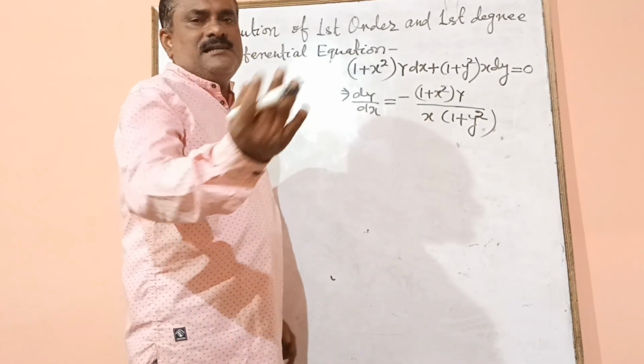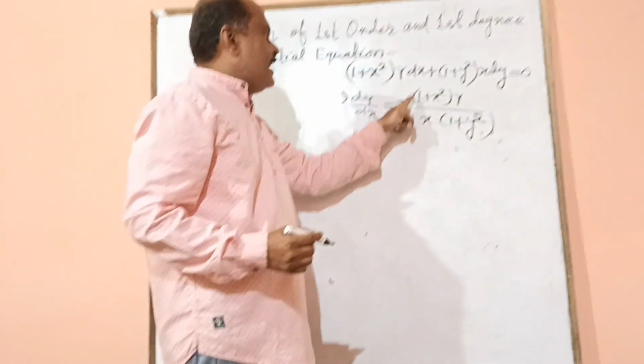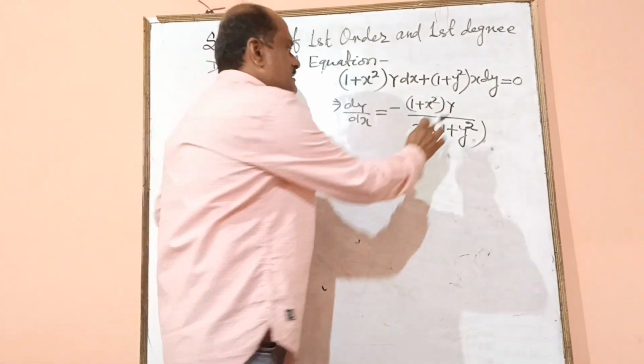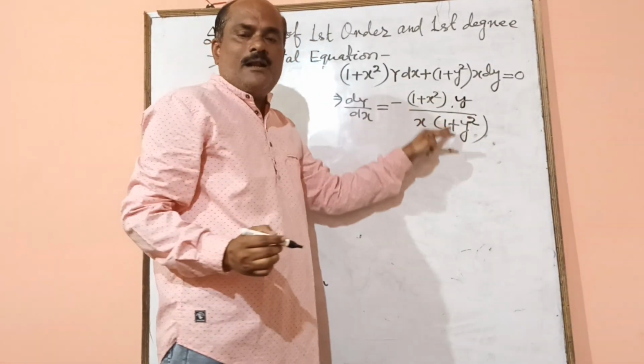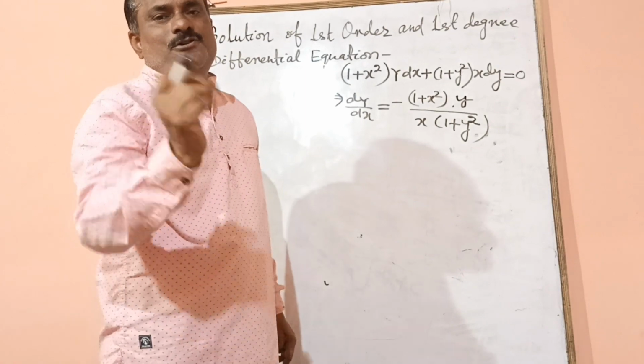Please see the right hand side of this equation. This is (1 + x^2)/x, which is a function of x. And y/(1 + y^2) is a function of y.